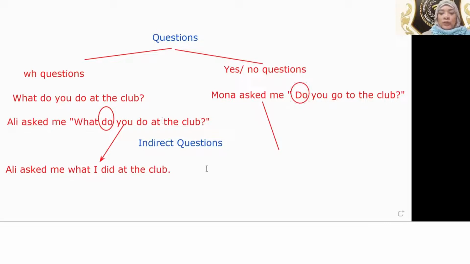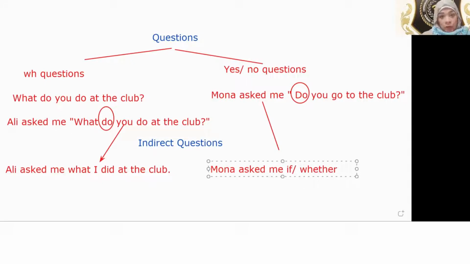Let's see the steps. What should we do? We will say Mona asked me. I went now to another friend, maybe I'm talking to May about Mona. So Mona asked me. Here in the yes or no questions, you have to use something called if or whether.